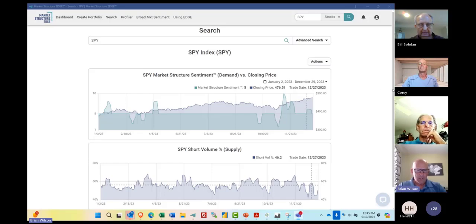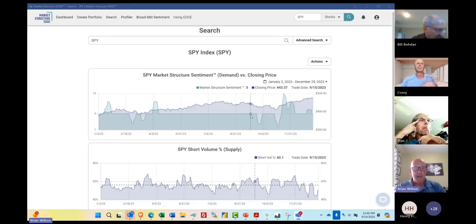And what I wanted to show you specifically here is actually periods in time when sentiment rises above neutral. SPY in general will be neutral almost all the time. That's because it's incorporating, think of it as incorporating blended characteristics, whether that's growth, whether that's value, and over time, it tends to equal out to be neutral pretty much all the time.